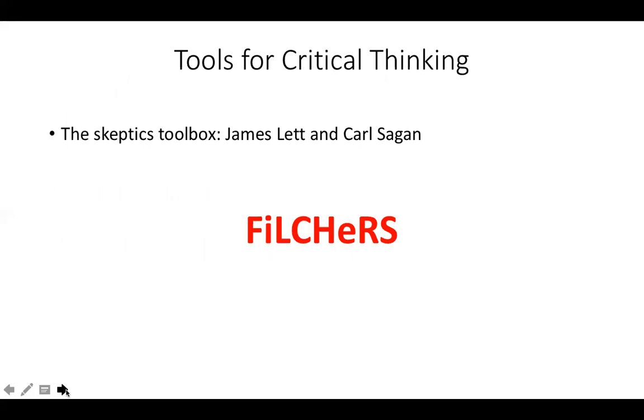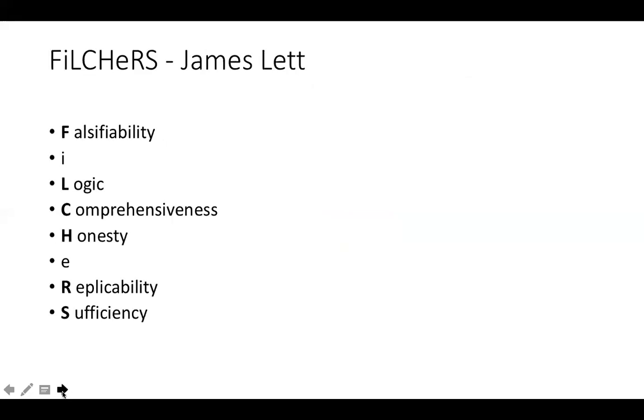So today we're going to focus on one approach on how to critically appraise claims. This approach is called FiLCHeRS, as each capital letter indicates a specific word, which we will discuss in the next few slides. This is an approach, it's a tool that you can use. There are different tools that you can use to refute claims, but this is one that was published by James Lett, and I recommend you follow this as well.